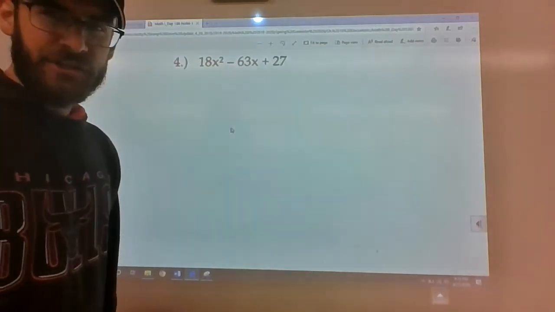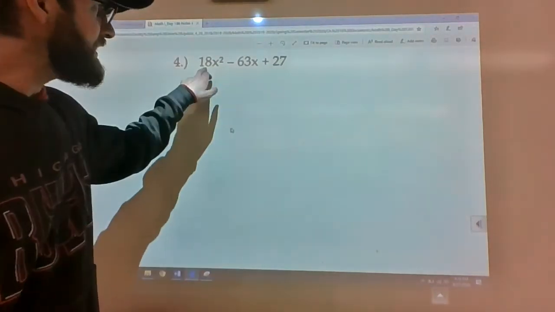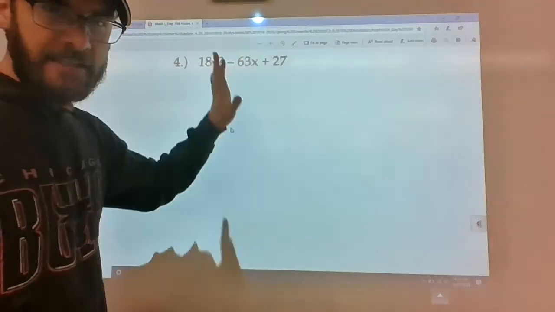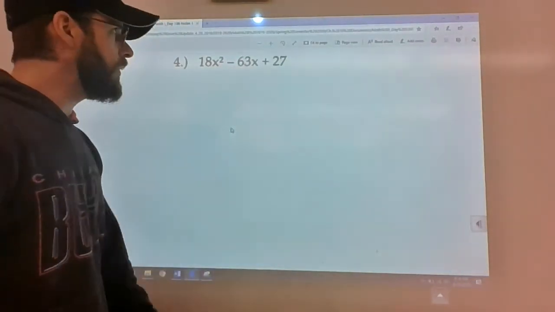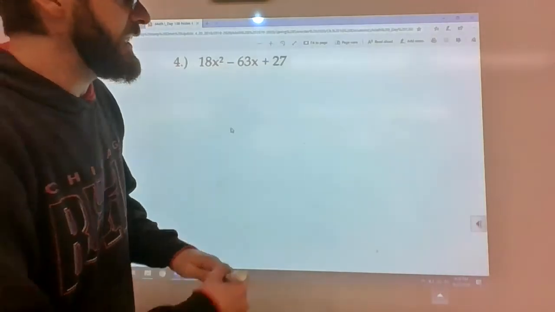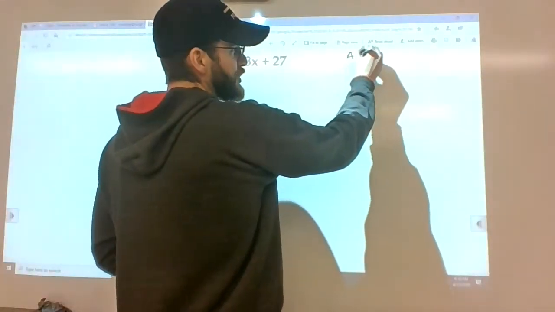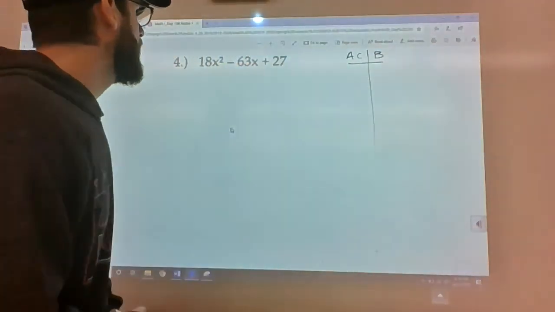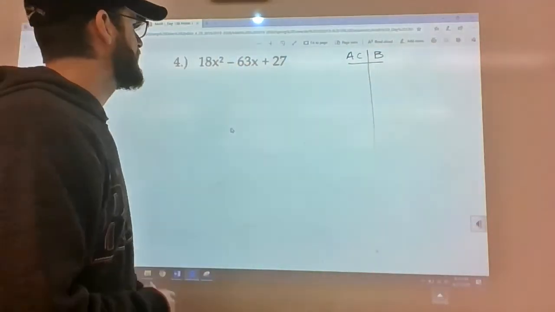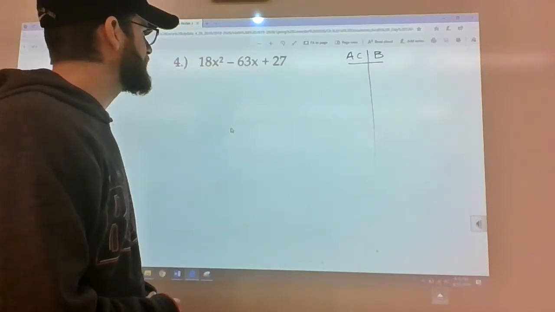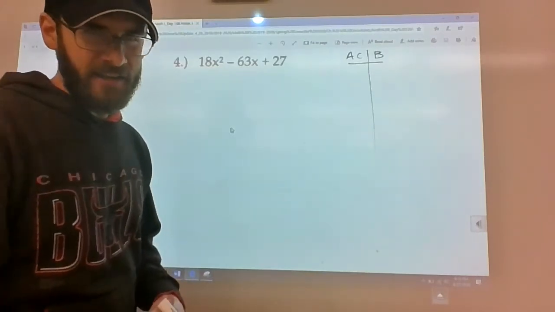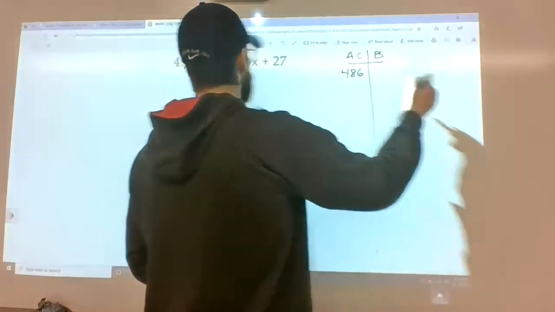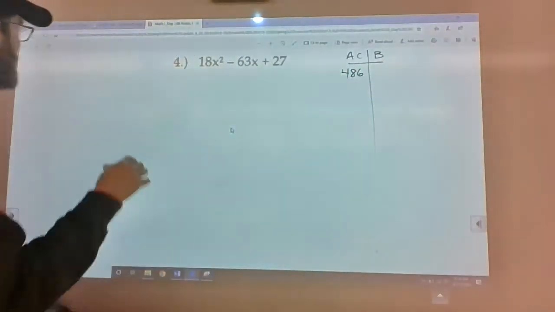But I think we can easily determine the A, B, and C, right? 18 is A, negative 63 is B, and 27 is C. So, I mean, technically we can do our AC chart. Let's see here. These look like big numbers. I think 18 times 27 is, I think, 486. Let me double check that, please.